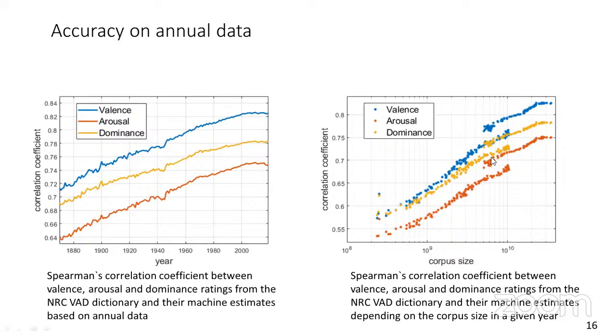But this phenomenon here, near 10 billion in size, is due to the Second World War, when the amount of books decreased within 1 year, for example from 1939 to 1940. In this time period the amount of text decreased suddenly. So this influences the behavior of our curves.